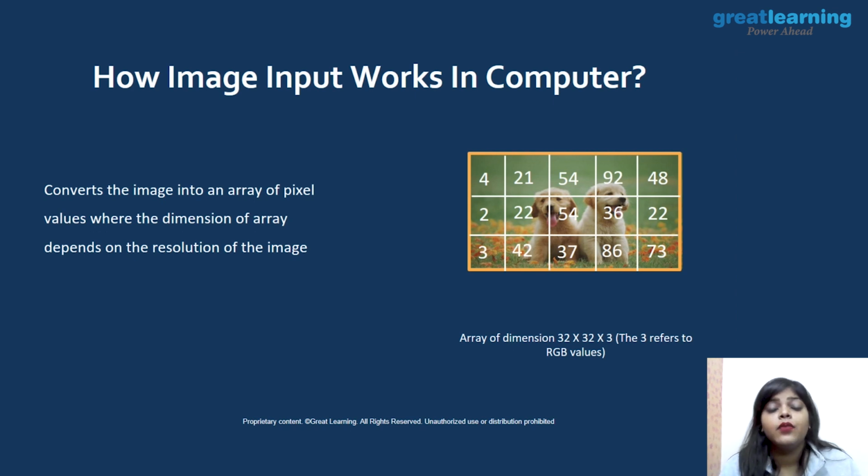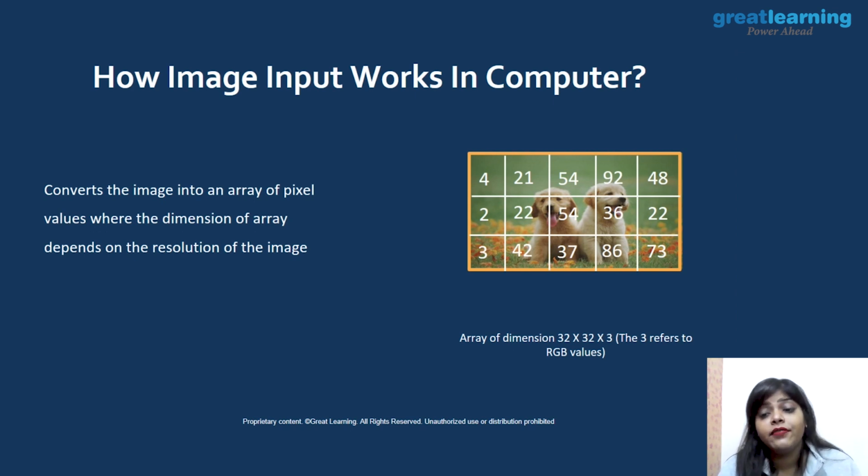Using those pixel values, the computer understands that there is an image and this is the region where some object can be. In the image you can see how it converts into an array. We will see this in the demo part itself. An array of dimension 32 cross 32 cross 3.